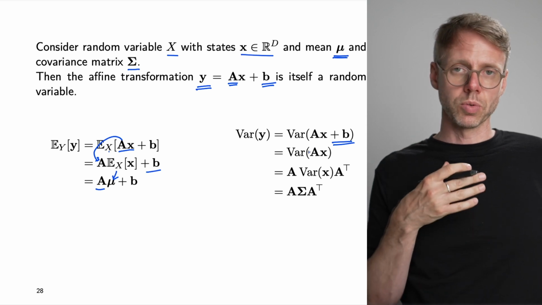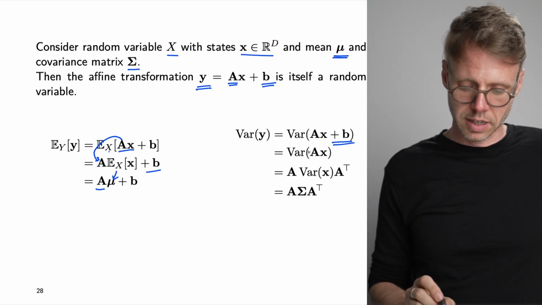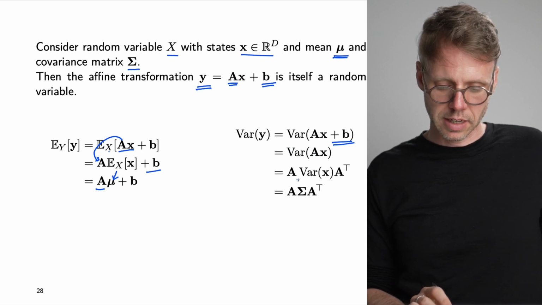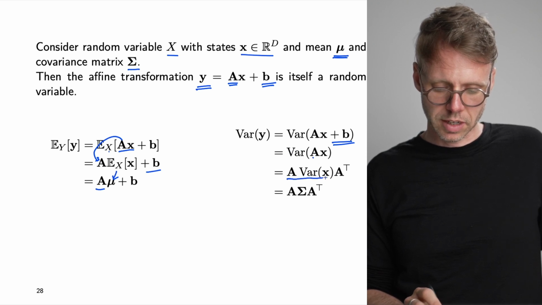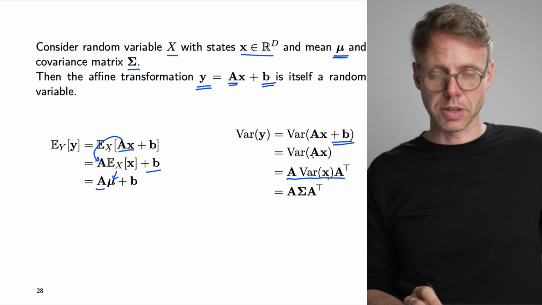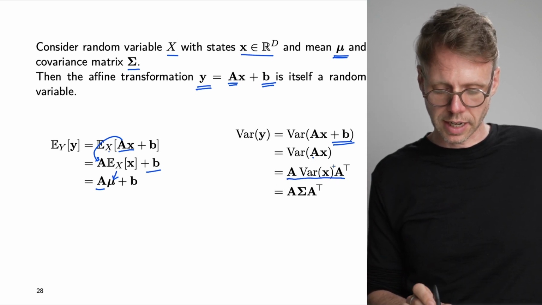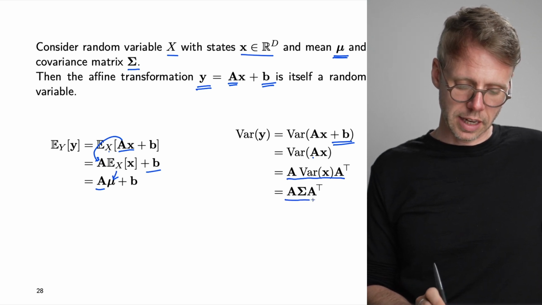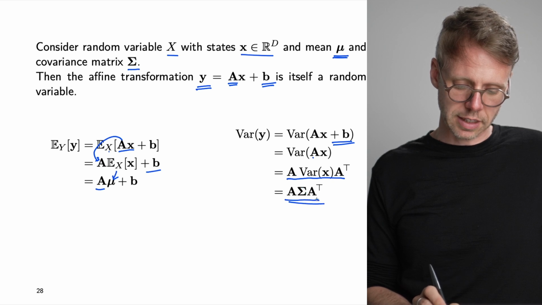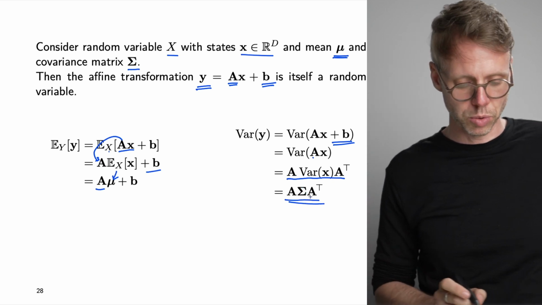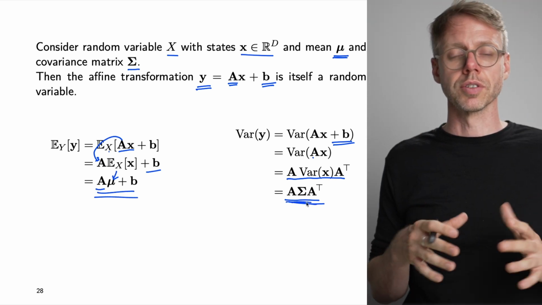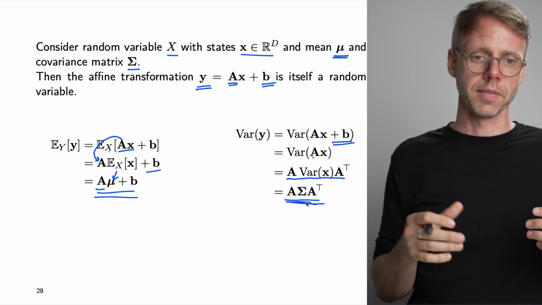And similarly to constant multipliers that square the variance, if we multiply by a matrix, we actually get A times the variance covariance matrix times A transpose. So we get a squared form here, which is equal to A times sigma, the variance covariance matrix of x, times A transpose. So these two formulas are useful if we're dealing with random functions that are linear.